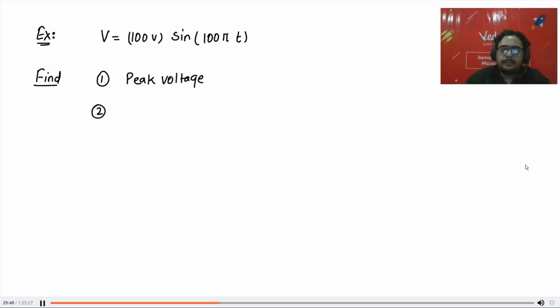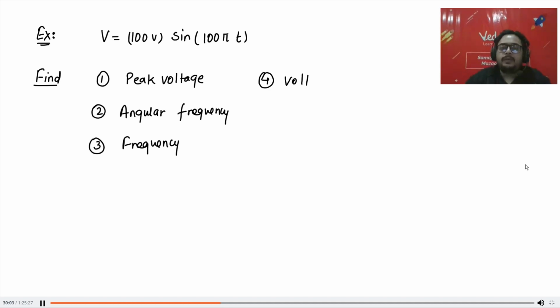They can ask me angular frequency. They can ask me frequency. And fourth thing they can ask me is the voltage at t is equal to 1 by 600 pi second. Is the question clear to everyone?